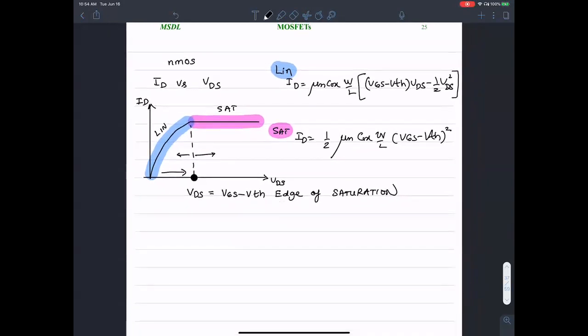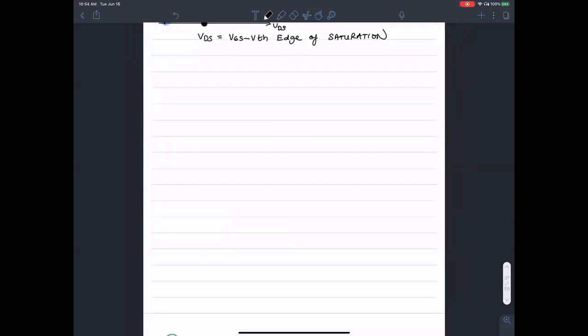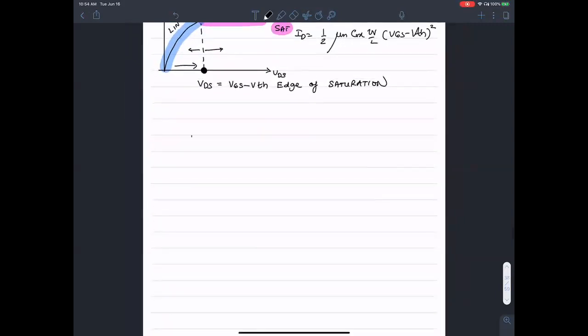Now what I want to do is plot the relationship between these two. There is ID, and on the x-axis I have VGS.